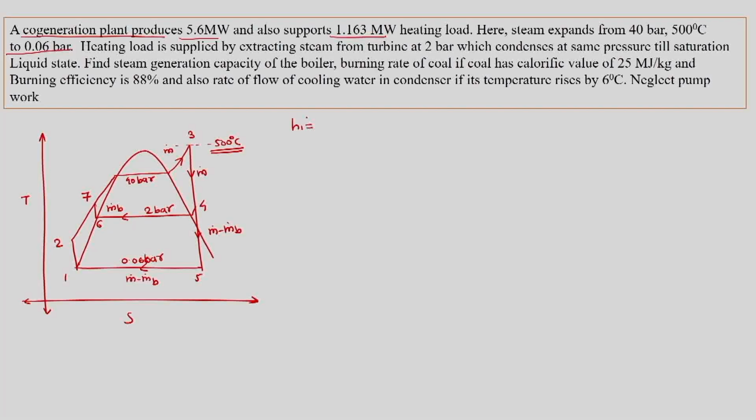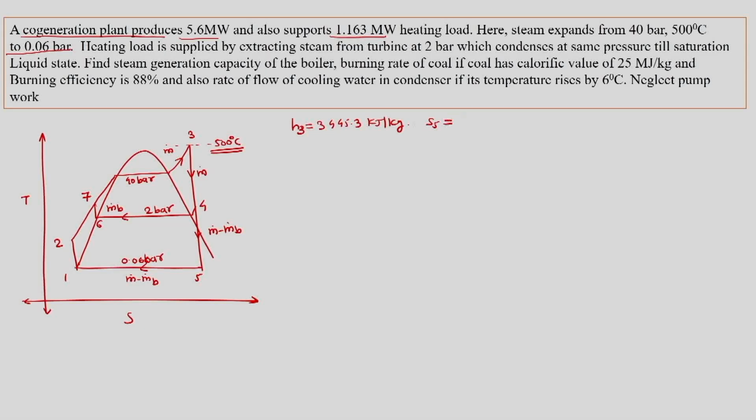With this data we will go ahead and find the different corner properties. First we will note H1 corresponding to 0.06 bar, or we can first find H3 so that we can find the different flow rates. So let us denote H3, and H3 is found at 40 bar and 500 degrees Celsius in the superheated part of the steam table, and this gives us 3445.3 kilojoule per kg.